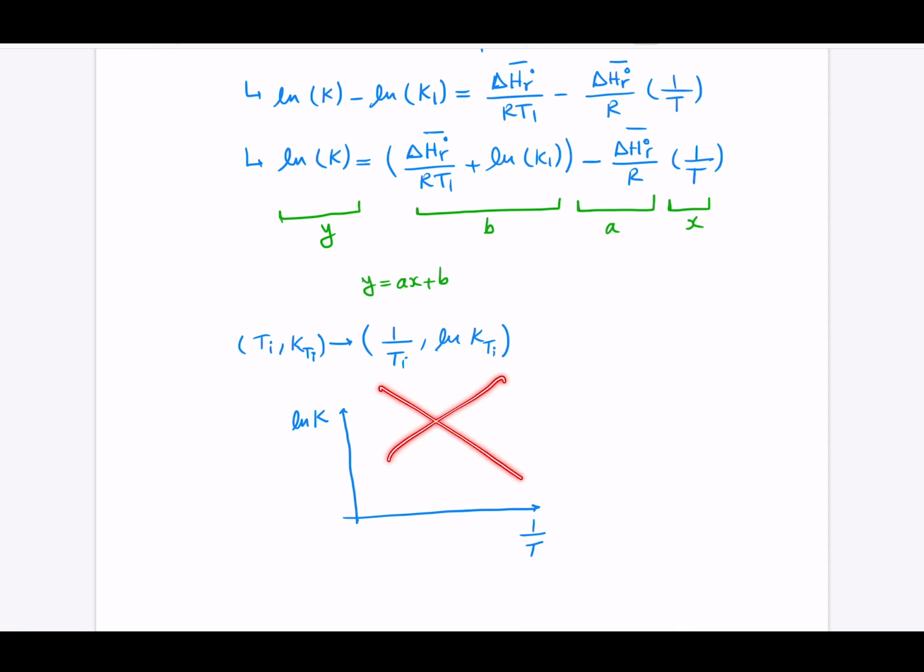Is it like this or like this? Increasing? Decreasing? It's a negative slope? Exactly. So it could be either this one, or it could be this one.